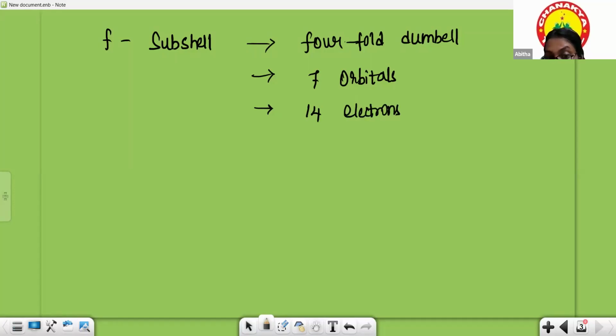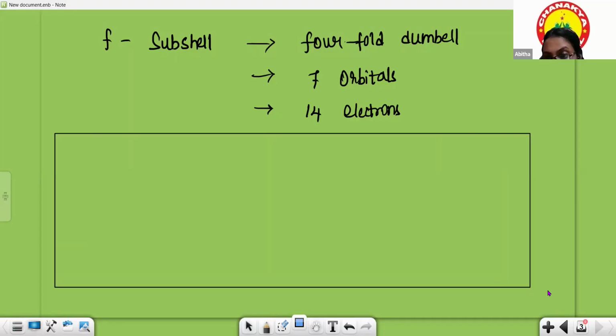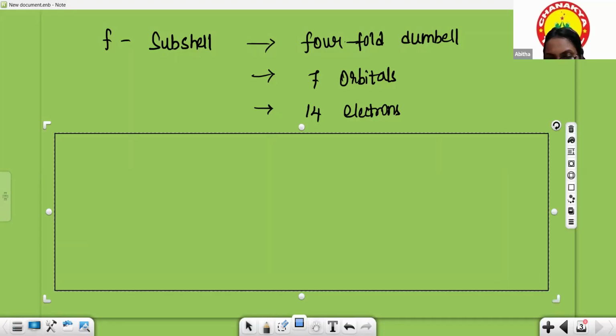Knowing this is very, very important, Srivatsa, because in learning electronic configuration, you are going to fill all the electrons in the orbitals.